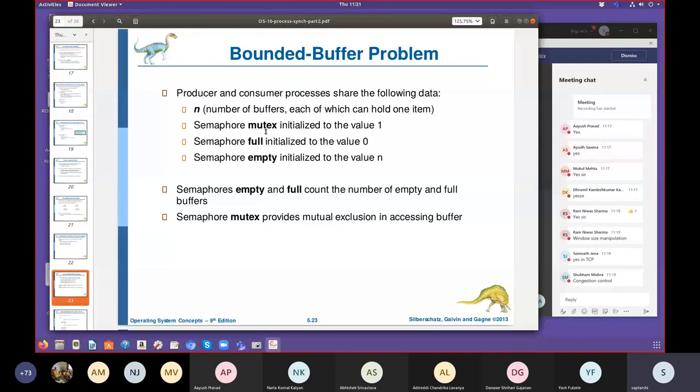The issue is that multiple readers can access the buffer at the same time, but multiple producers should not be allowed to write to the buffer at the same time, because that might create a race condition. I hope you understand this. So mutex is for ensuring mutual exclusion, and empty and full are for counting the number of empty and full buffers. Let us see how the process will move using these semaphores.